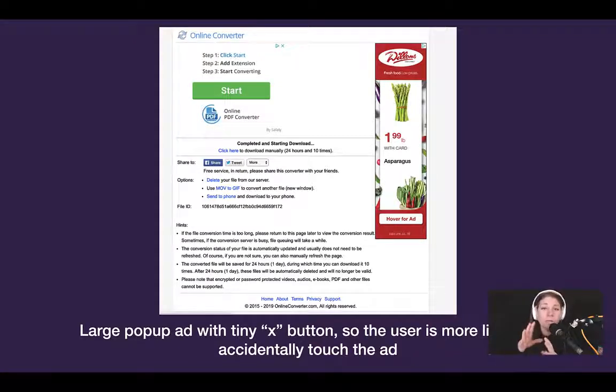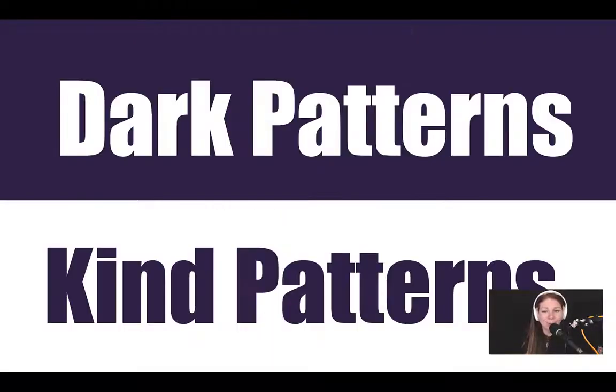So the user is more likely to click on the ad accidentally while they're trying to close it out. So the dark pattern here is more about hit targets. If you're using a tiny hit target to cause someone to click on something by accident, something that they didn't intend to, well, that's a dark pattern, right? That's no bueno.